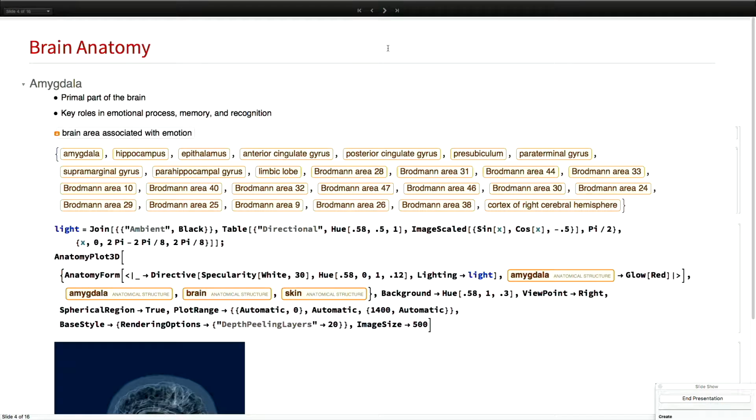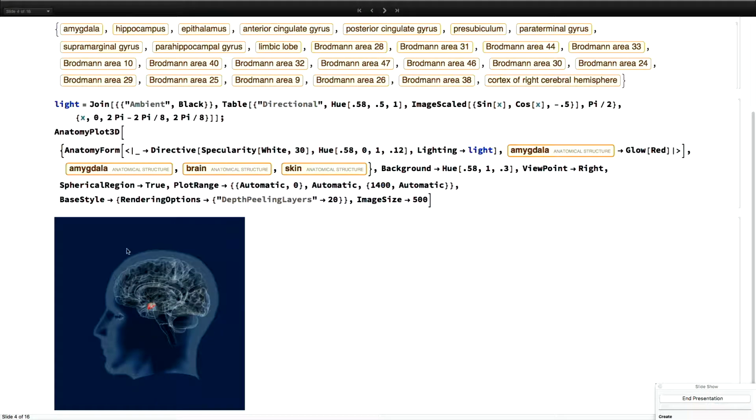And moving to an even smaller structure, for example, we can find one of the areas of the brain that encodes emotional state. One is the amygdala, which is a primal part of the brain and has key roles in emotional response, memory and recognition associated with memory, emotion, sorry.